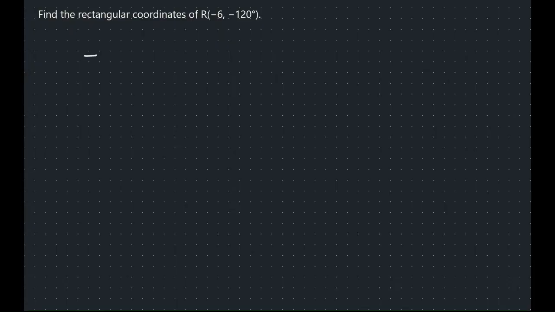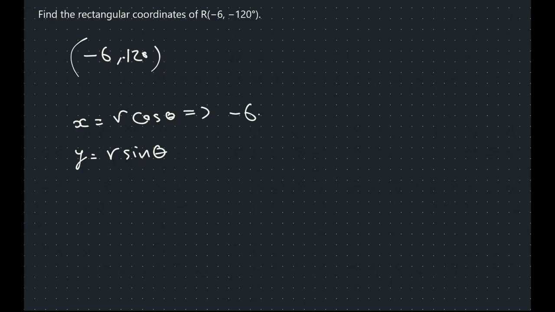So we have negative 6 and not positive, but negative 120. And again, x is equal to r cosine theta and y is equal to r sine theta. Let's plug in the numbers. We will have negative 6 times cosine negative 120, and this is going to be negative 3.